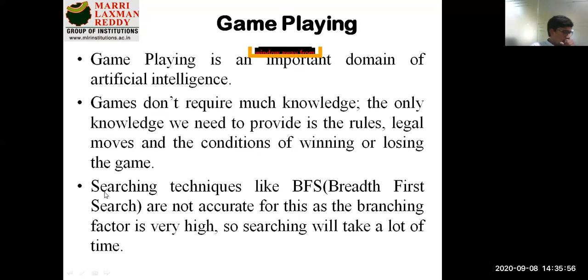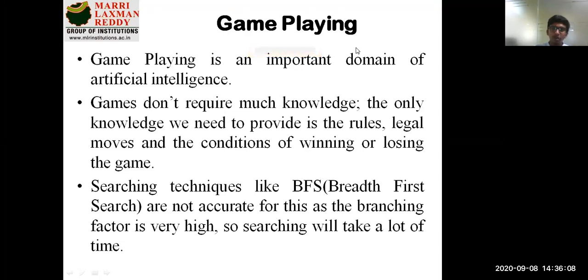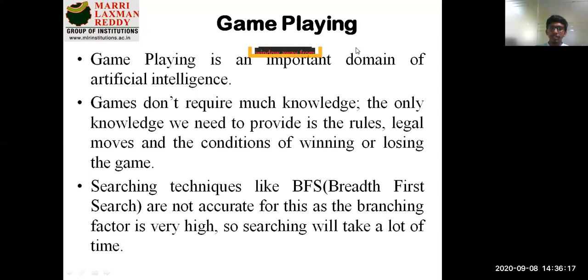Game playing is considered an important domain with respect to artificial intelligence. With respect to the development of n number of algorithms, game playing also plays a major role in AI. Games don't require much knowledge. You need to define the basic rules, and once you define them, it automatically makes you understand the game.